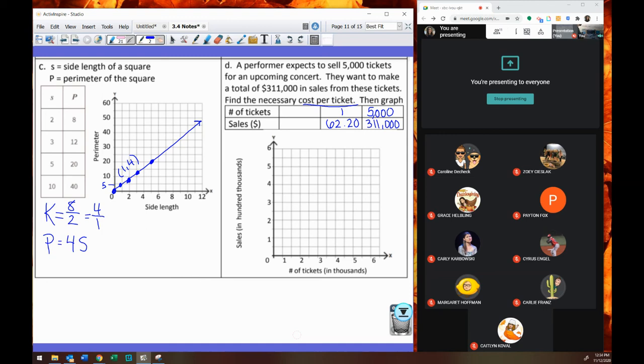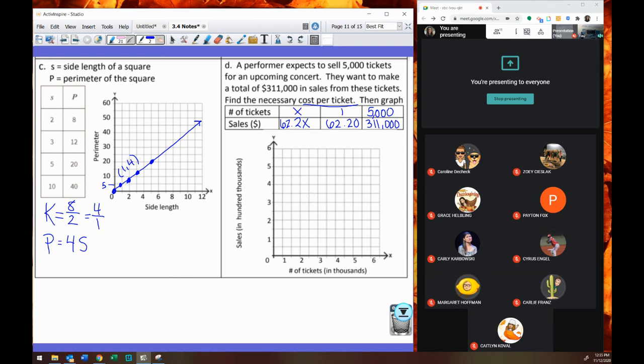I'm getting it. So then, typically in some tables, if I just put an X here, X could represent any number of tickets. So then, how would I write an expression to figure out the cost for that number of tickets? 62.2 times X. You don't have to say equals Y because it's in the Y column of the table.